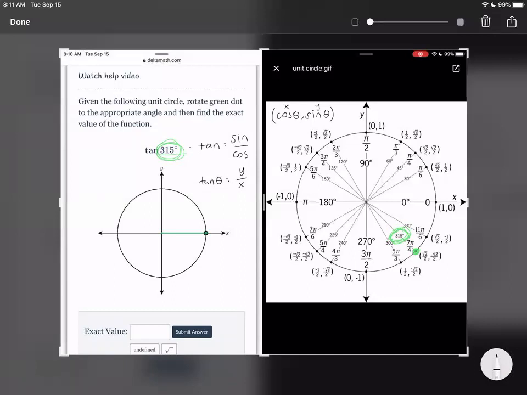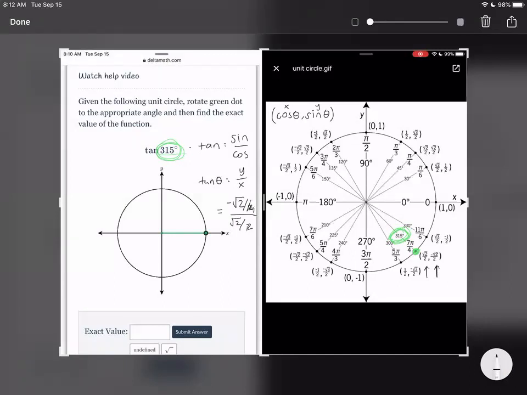Okay, so we're gonna go take a look at the coordinates. Here's the y, here's the x. We're gonna put it all together. So tangent of theta is y, which is negative root 2 over 2, over the x, which is positive root 2 over 2. Remember that everything on the unit circle is over 2, so we can just cancel out those over 2s.